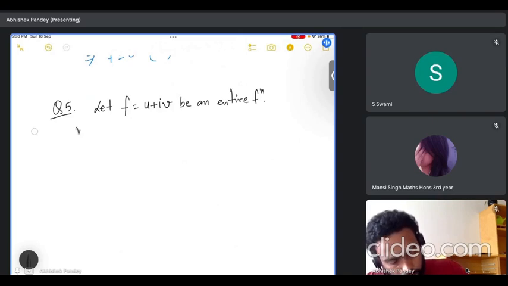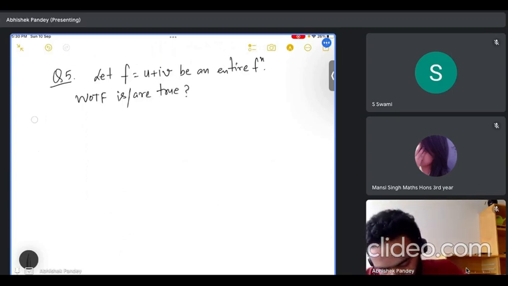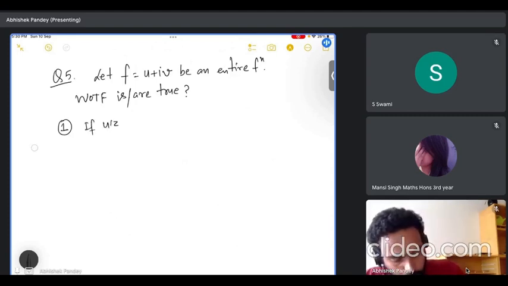Then which of the following are true? The first thing is, if u(z) is less than or equal to 0 for every z, then f is constant.